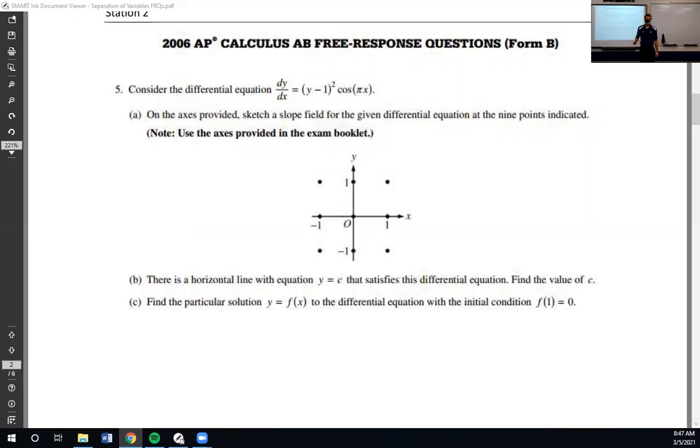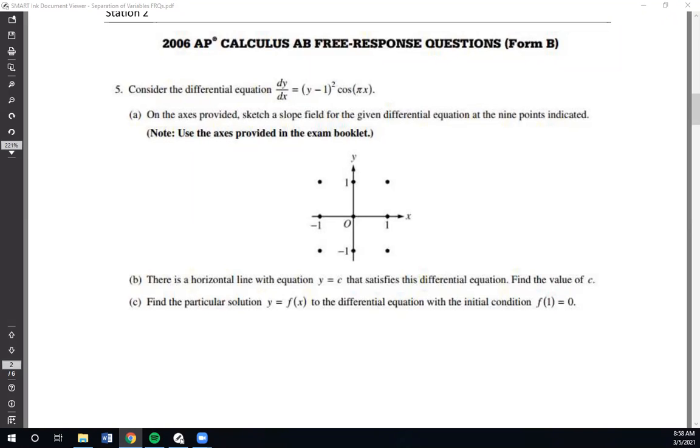So it's asking you to do separation of variables. So I want you to take about 10-15 minutes and give this one a try. And we will look at the answer as well as take a look at how it was scored in just a few minutes here. All right, answer coming soon.